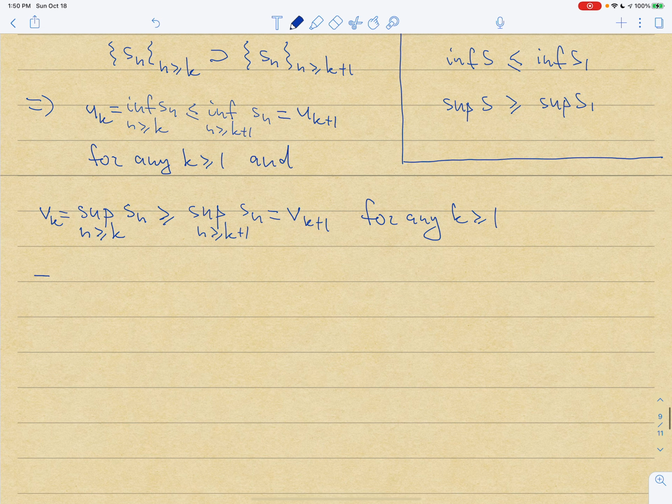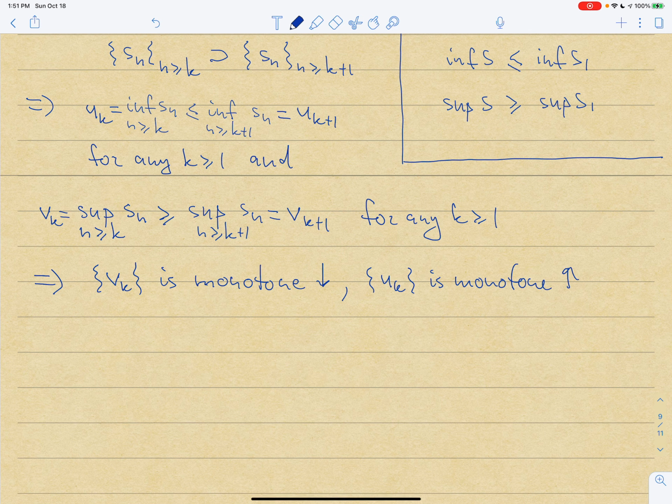So the conclusion from this is that the sequence vk is monotone decreasing, right? Because vk's are getting smaller. And the sequence uk, this guy is monotone increasing. But we know that any monotone sequence converges.